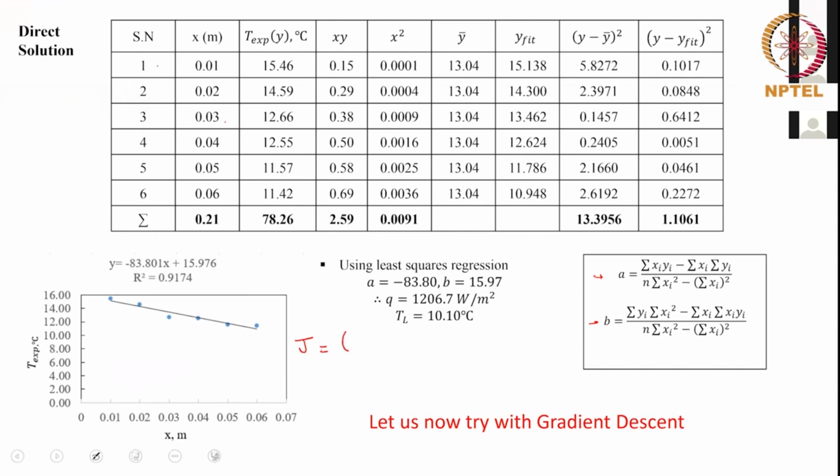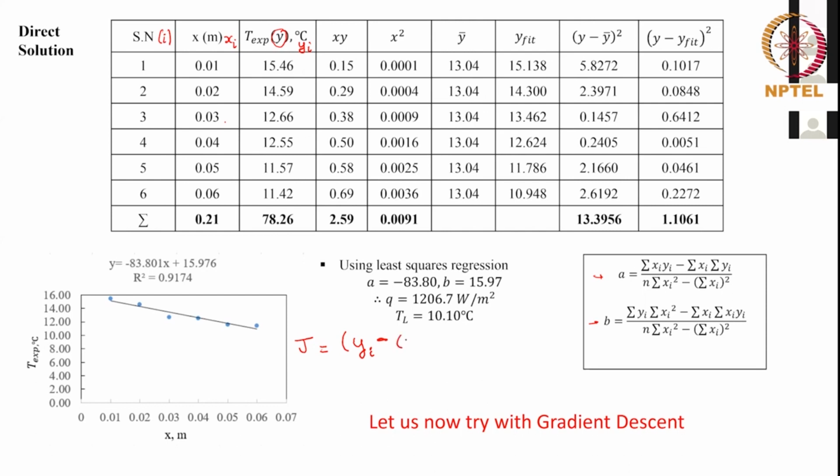We have these serial numbers 1, 2, 3, 4, 5, 6. So let's call this i. This is y, let's call this xi. Here you have yi. yi minus what? a xi plus b.